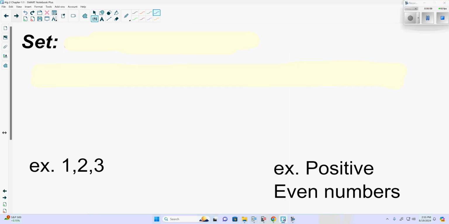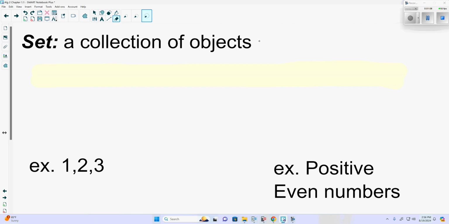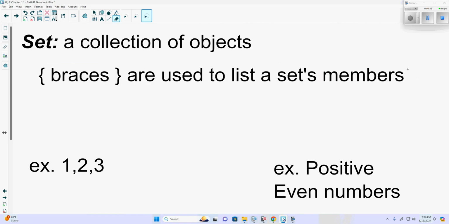But the first thing we need to talk about is, what is a set? A set is a collection of objects. That's all a set is, a collection of objects. And the way we write a set is with braces.